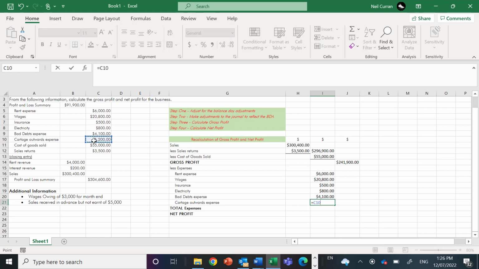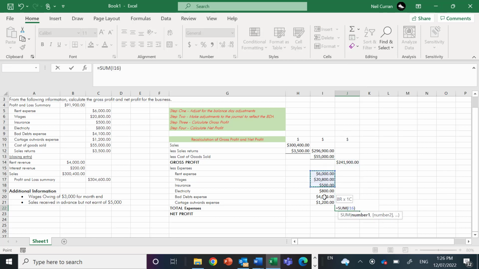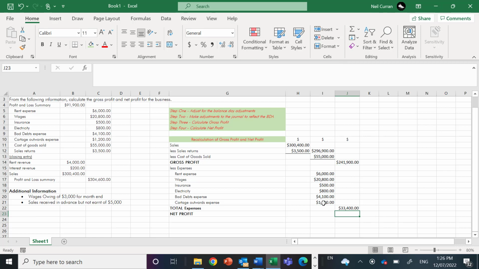And we add those up to get our total expenses. And our net profit will equal our 241 minus your total expenses, which is J22.